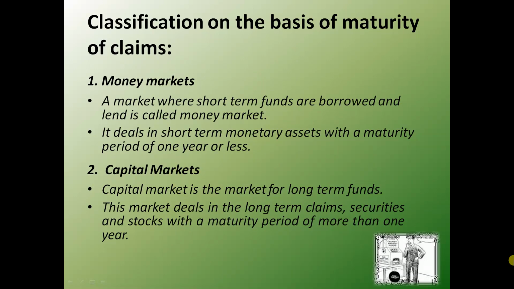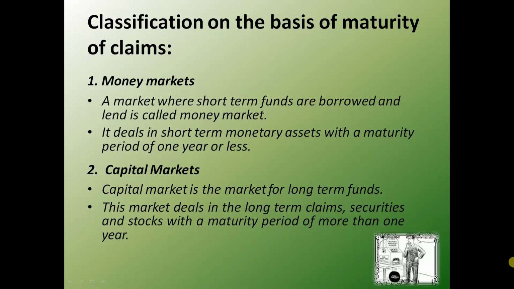Now, classification on the basis of maturity of claims. Again, two. First is the money market, and second is the capital market. What is the money market? Money market is where short-term funds are bought, borrowed, and lent. This is a money market.